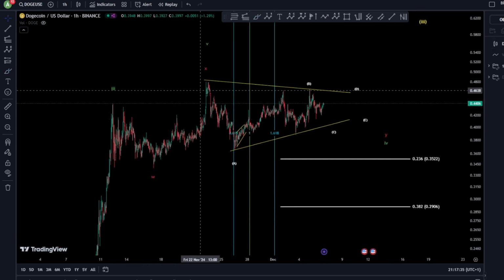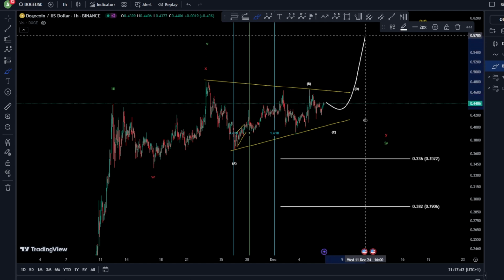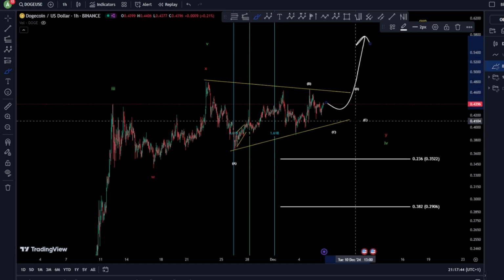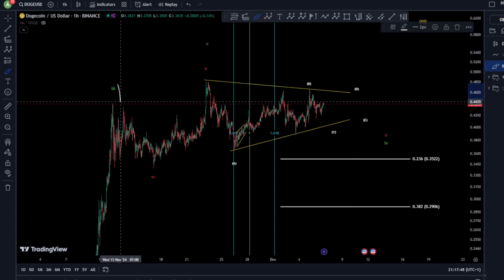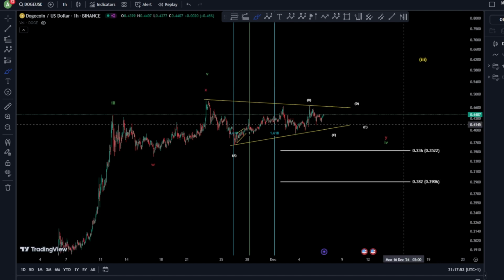And that's why you are looking at a very long correction. And after this, of course, you would see a very, very massive, explosive move towards the upside.